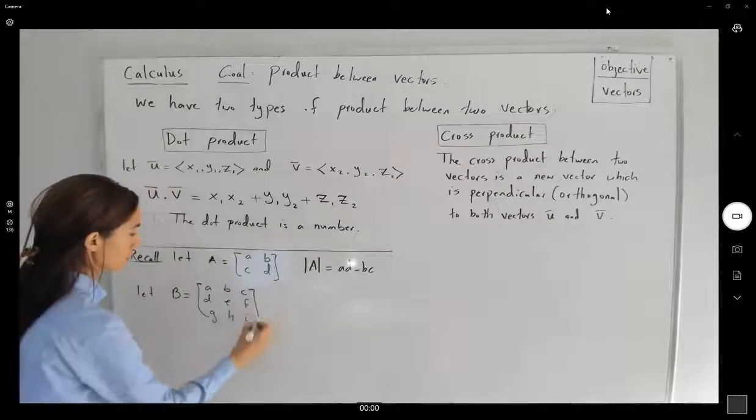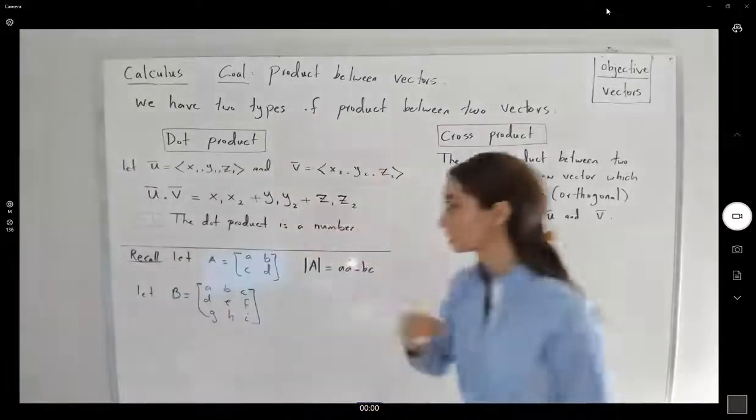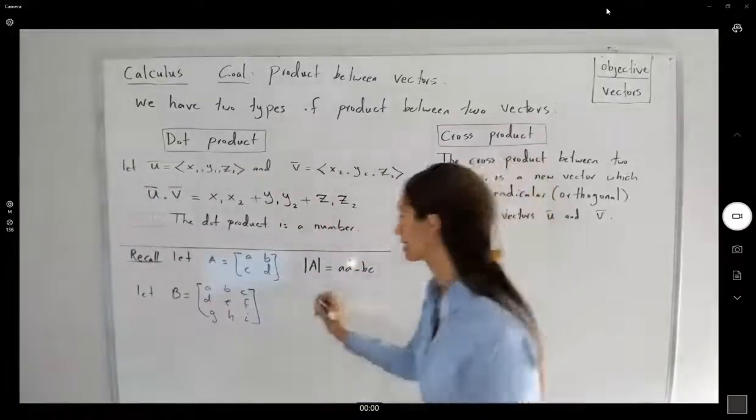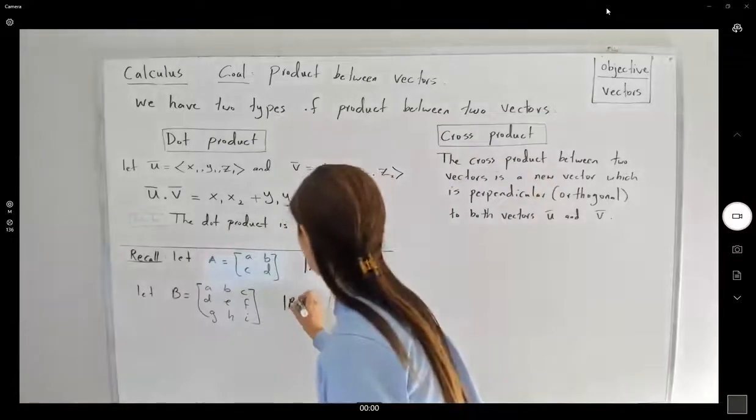h, i. The way that they define the determinant of a 3 by 3 matrix like B is this way.